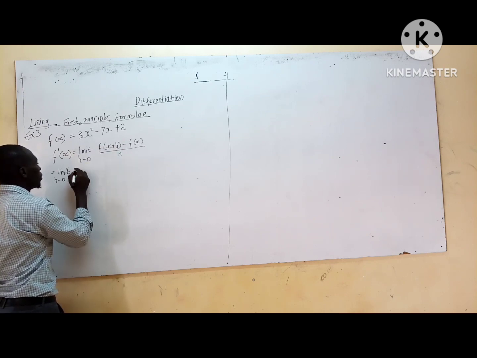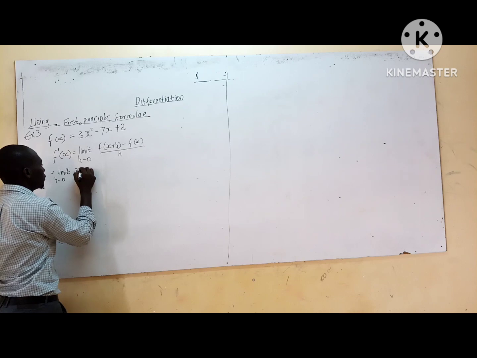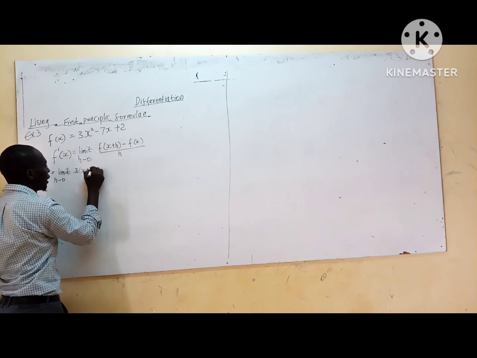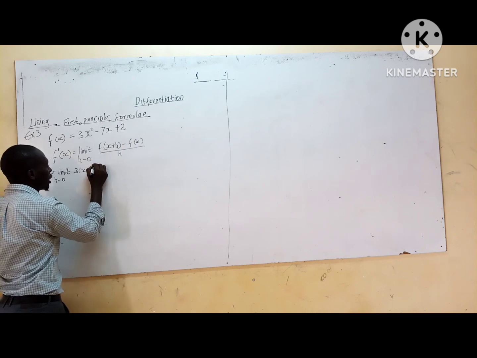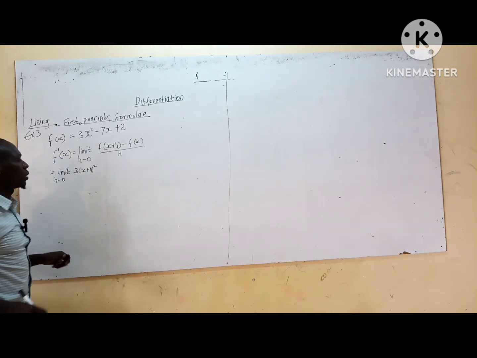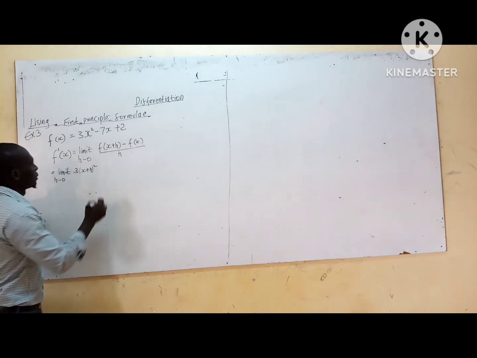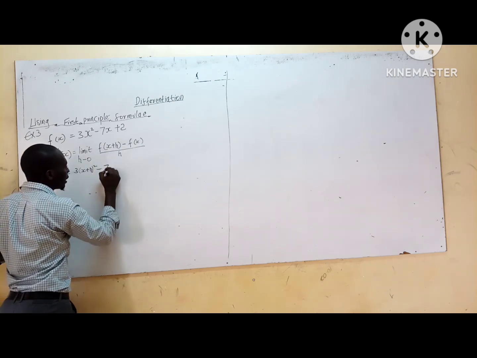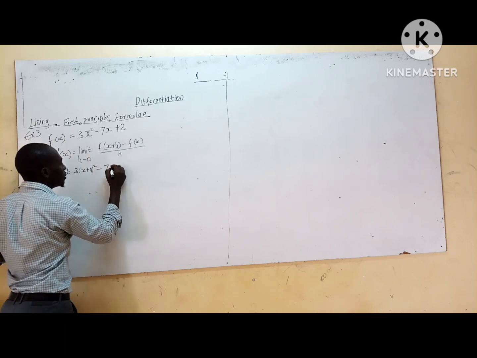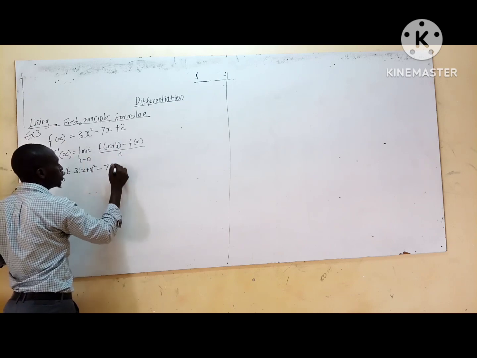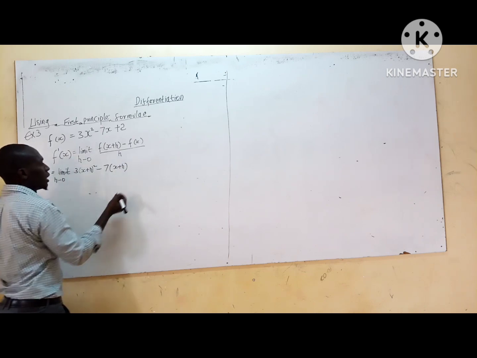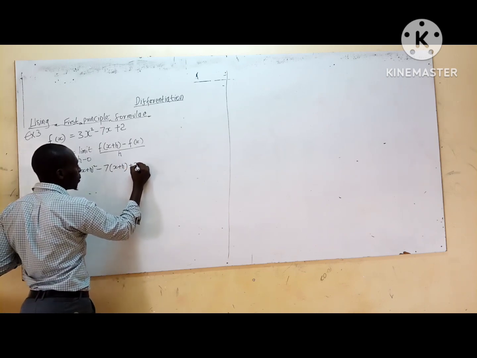The whole of this one will be 3, now we jump into here, x plus h, everything is squared because this is where we now have the term of x. This one will be minus 7 times x plus h, and lastly we are going to have plus 2.